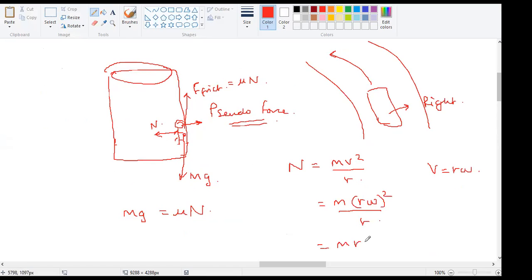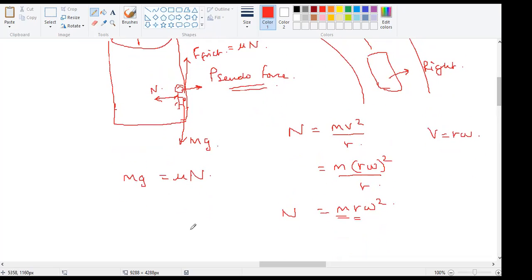So N is m r omega square. The mass of the person is fixed, the radius of the cylinder is fixed. As the spin increases, omega increases. So as I increase this omega, listen carefully, very interesting concept.